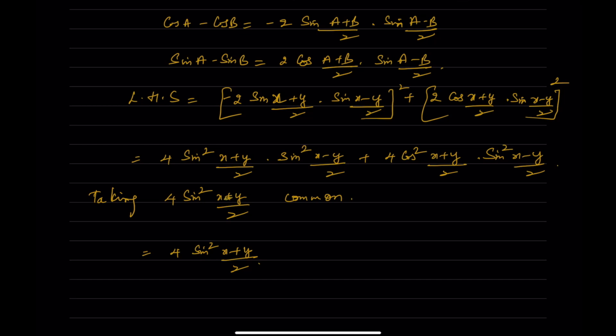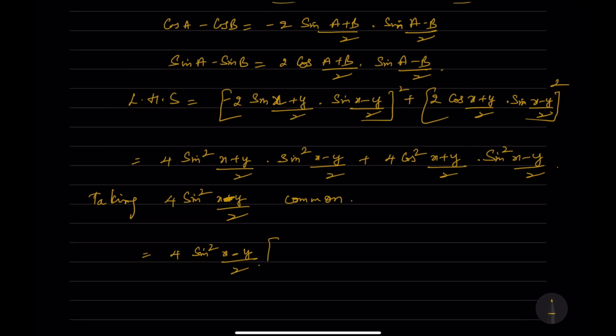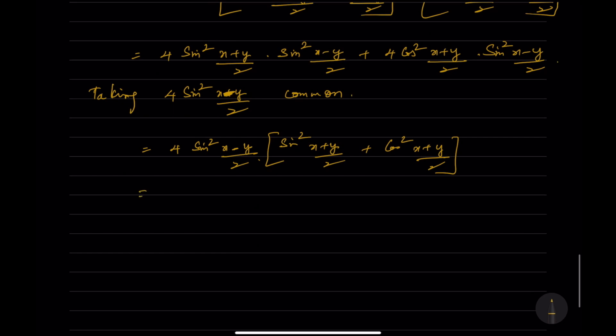I'm sorry, we can take out x minus y by 2, not x plus y. So taking 4 into sin square (x minus y by 2) common, you're going to get it as 4 sin square (x minus y by 2) into sin square (x plus y by 2) plus cos square (x plus y by 2), which is equal to 4 into sin square (x minus y by 2) into 1, which is equal to 4 into sin square (x minus y by 2), which is equal to RHS.